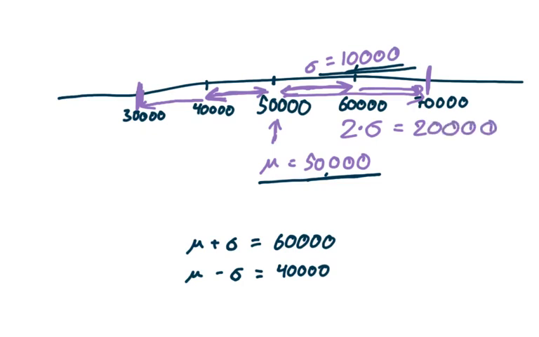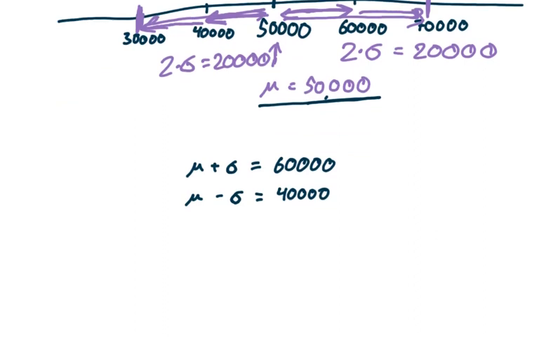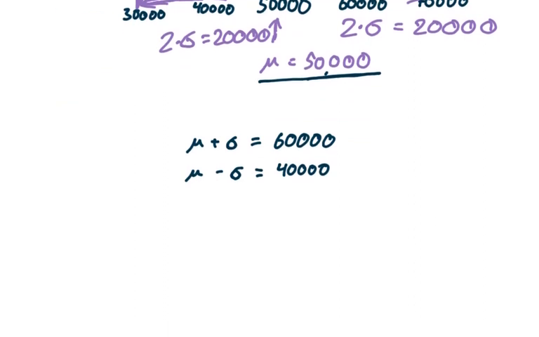On this side, I've got a distance that is exactly 2 times sigma, the length of exactly 20,000. So here, we'd be taking mu, the average or the mean, and adding on 2 copies of sigma. That would give us 70,000. If we subtract away 2 copies of sigma, that would give us 30,000.